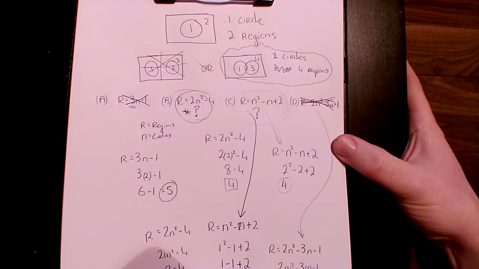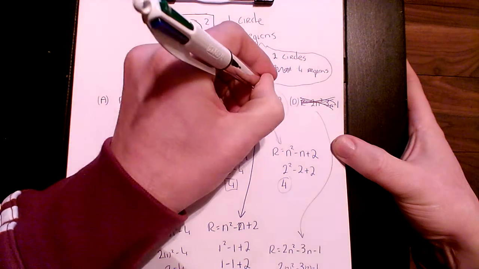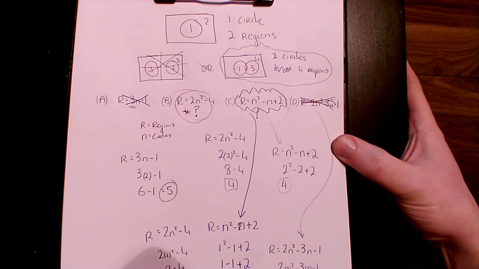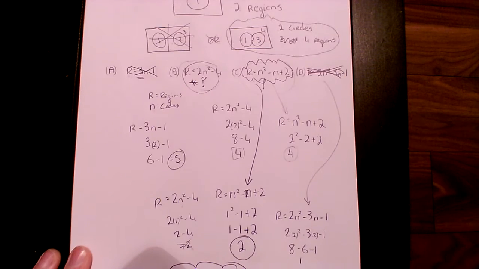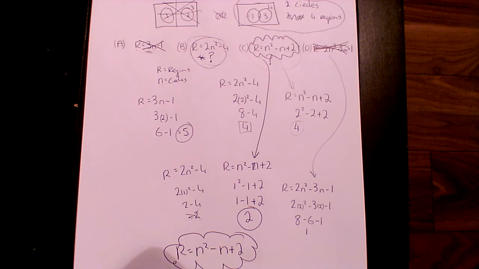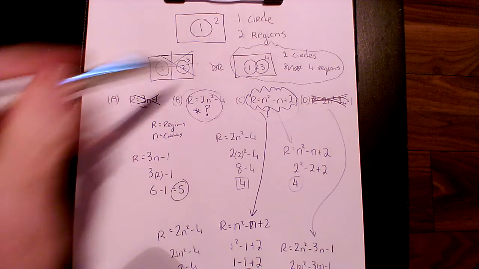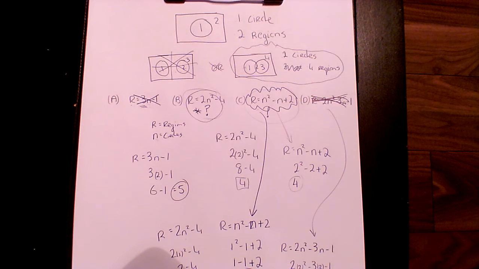So 2 is our answer. We put in 1 circle, it spat us out 2 regions. So R equals n squared minus n plus 2, and there it is. That is the equation that allows us to find the maximum number of regions when we're drawing circles in this system.